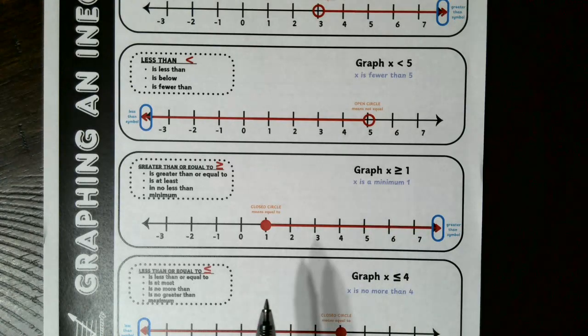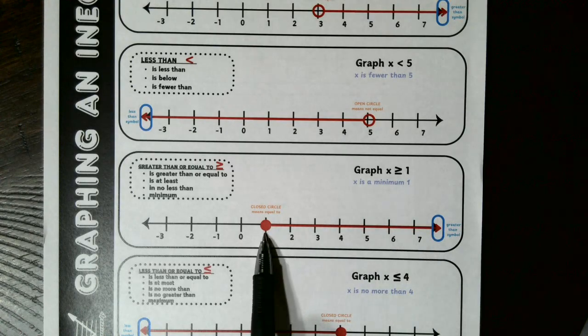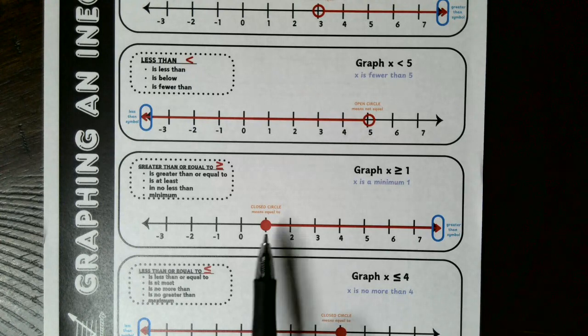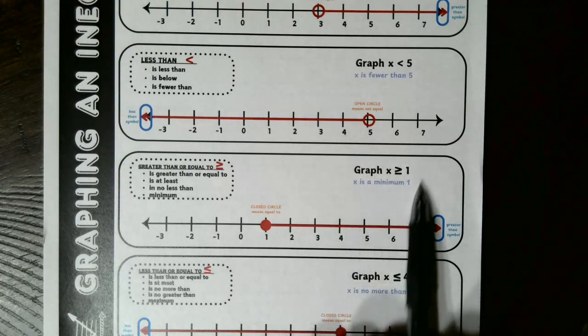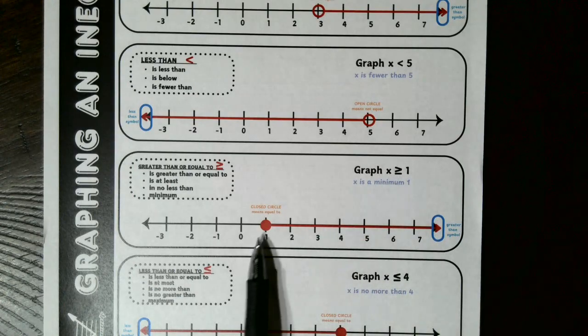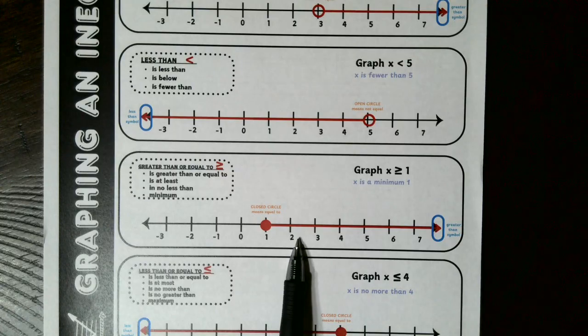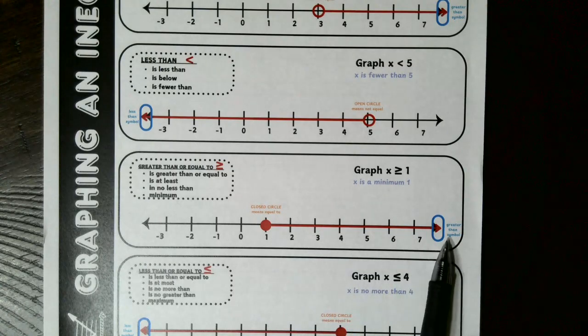So I know my very first step is I'm going to put my circle on the 1. Now, this time, my circle is going to be closed. So I'm going to fill it in. It is a closed circle because a closed circle means it is equal to. Because this is what it's telling me. It is either greater than or equal to. So it can be 1, but it could be 2, it could be 2.5, it could be 3, it could be 1,000.